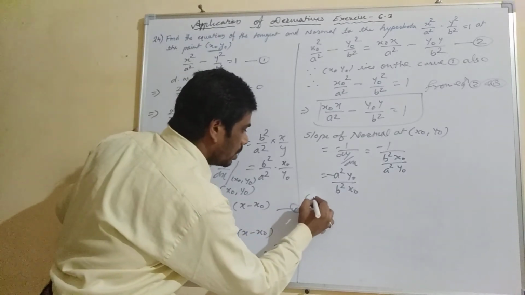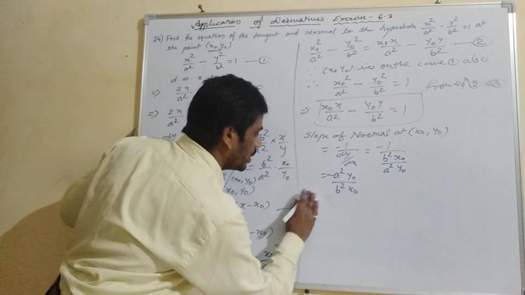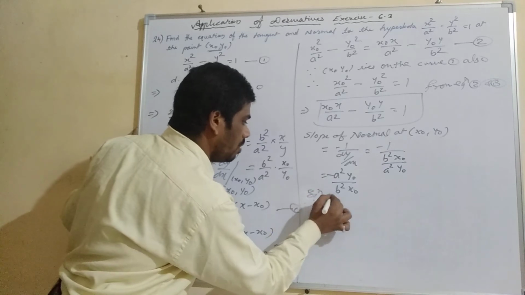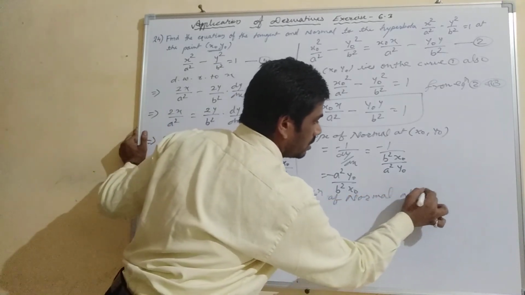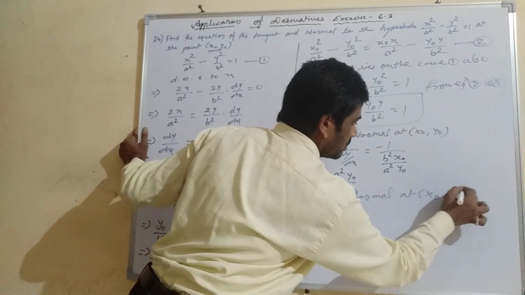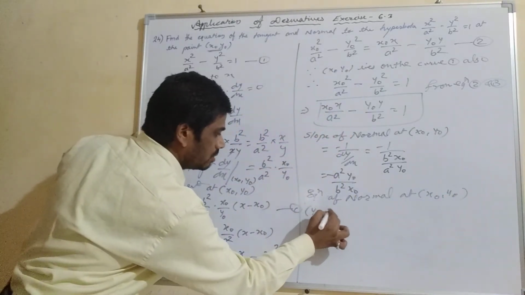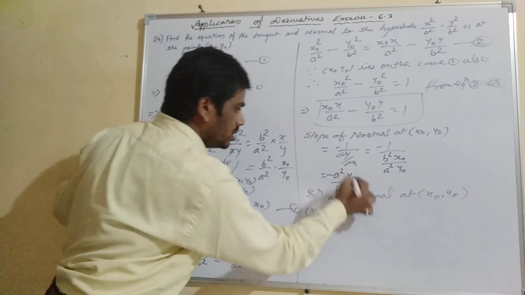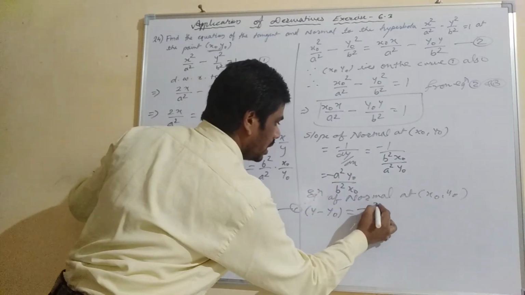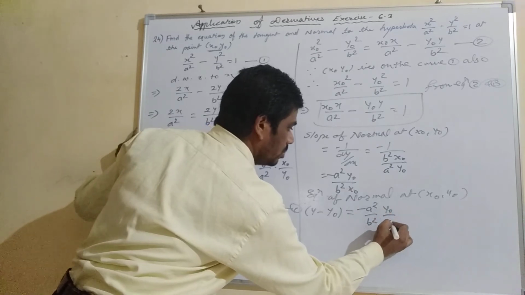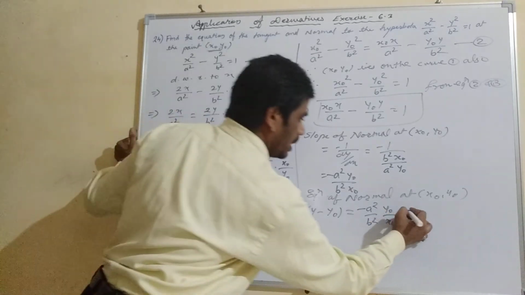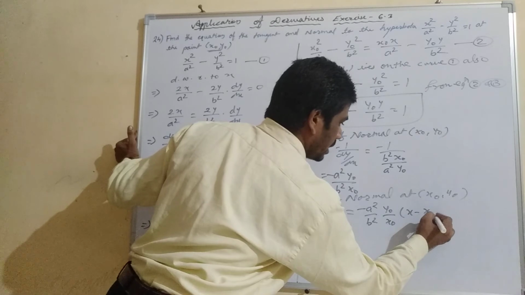Now the equation of a normal at the given point. So y minus y naught equal to, this is the slope, minus a squared upon b squared y naught upon x naught, into x minus x naught.